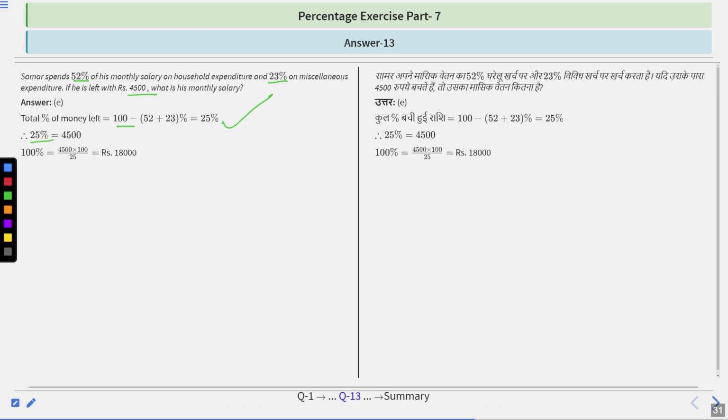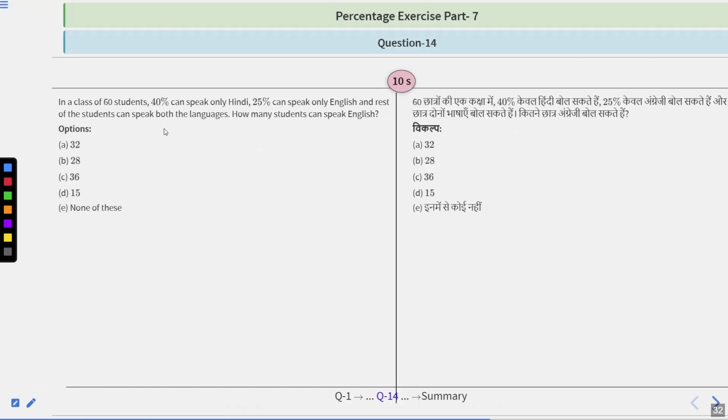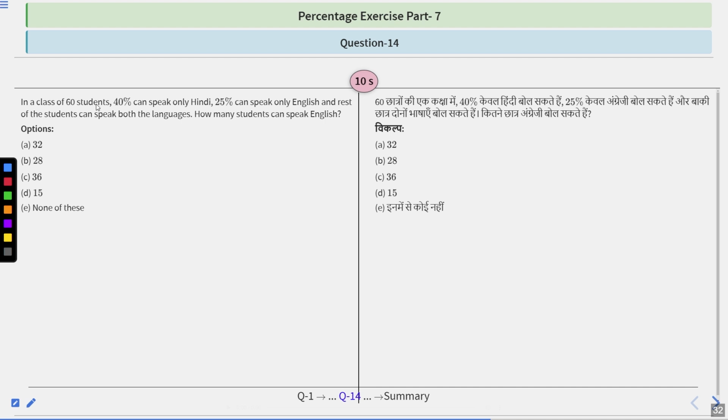So 25% is equal to 4,500. What will be the 100%? 4,500 multiplied by 100 upon 25, which is 18,000.